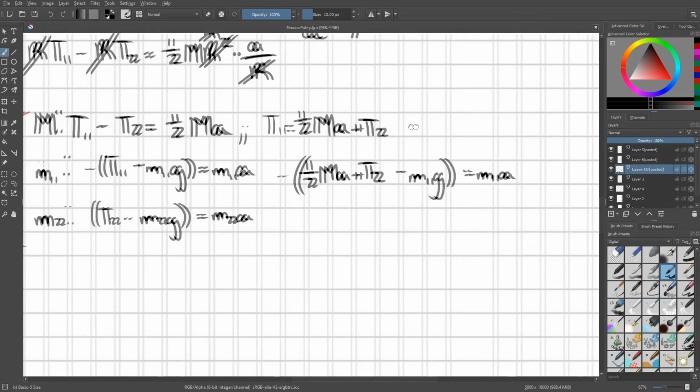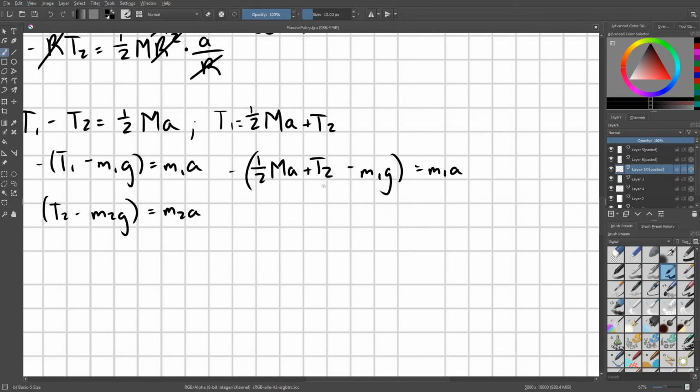I'll go ahead and isolate T2 from here. So I'm going to start just by distributing the negative. So this is negative 1/2 big MA minus T2 plus M1G equals M1A. So T2 equals M1G minus 1/2 big MA minus M1A.